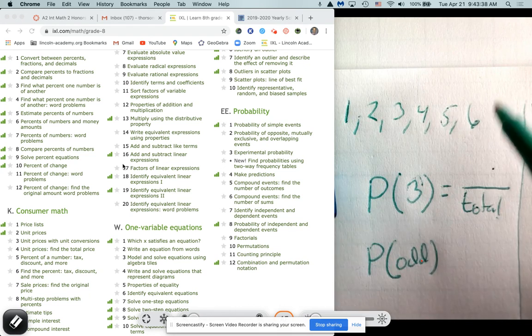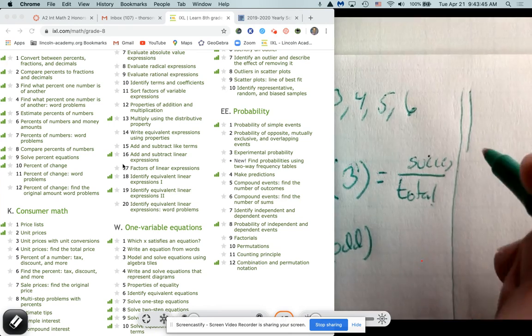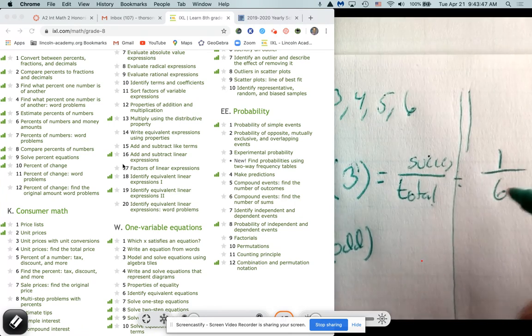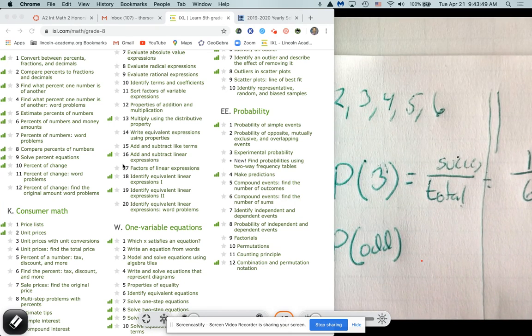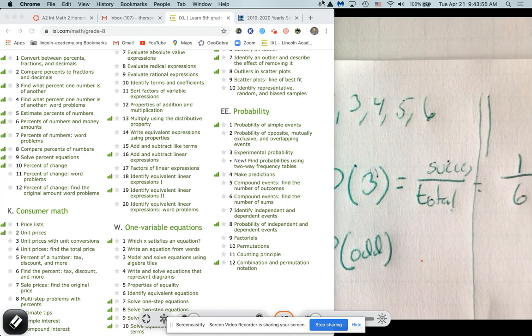There's just the 1. So you put the number of successes. So this would be 1 over 6. There would be a probability of 1/6 that you would roll a 3.